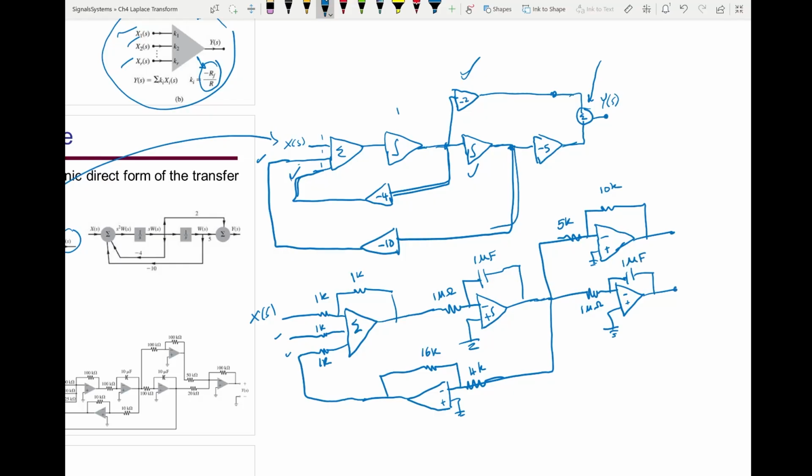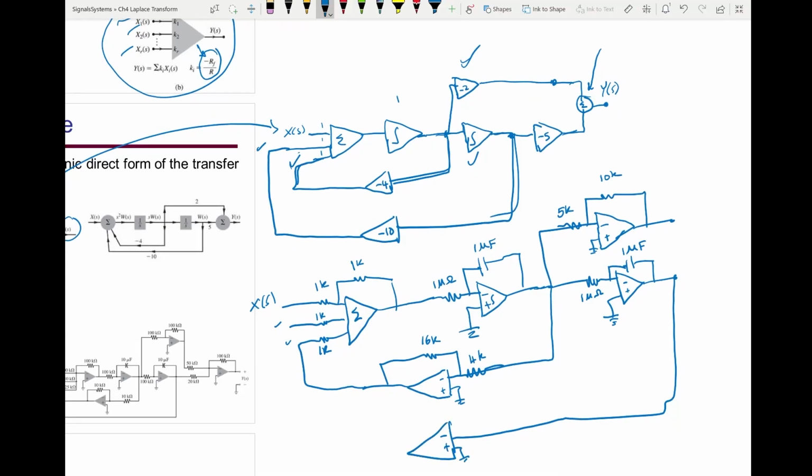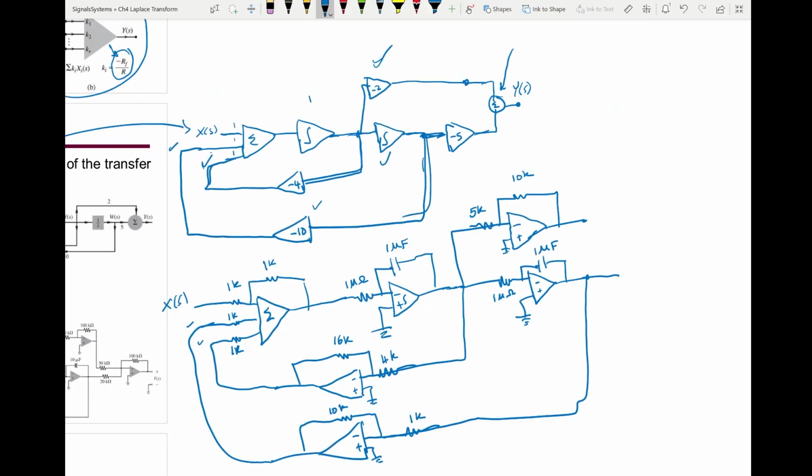And then this branch will be a gain of -10. So I can make this 10K and this is 1K and connect it here. Okay, now this branch, inverting op-amp of gain 5.